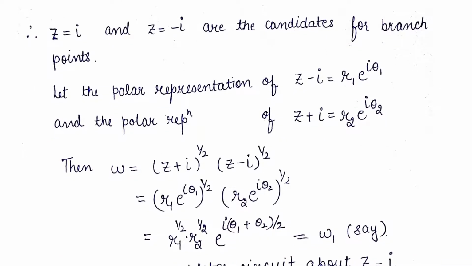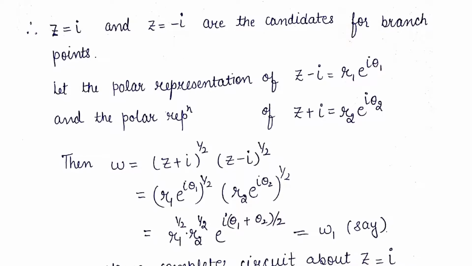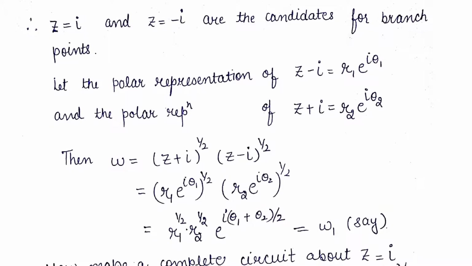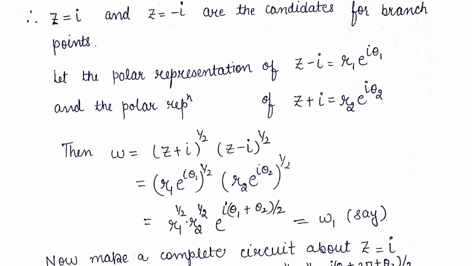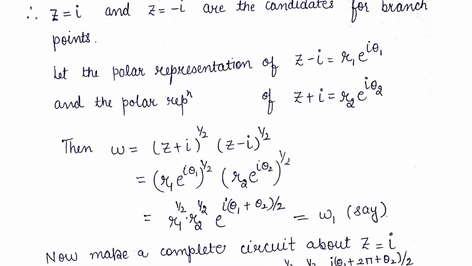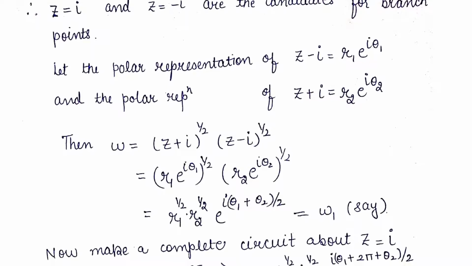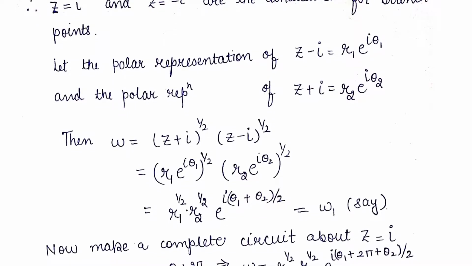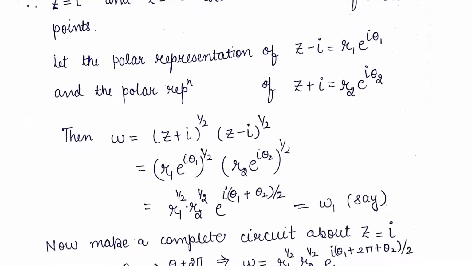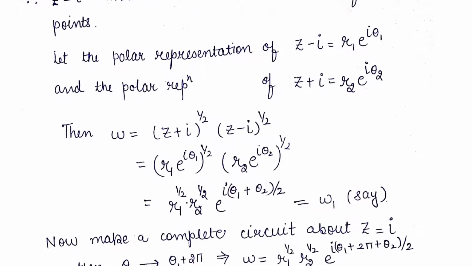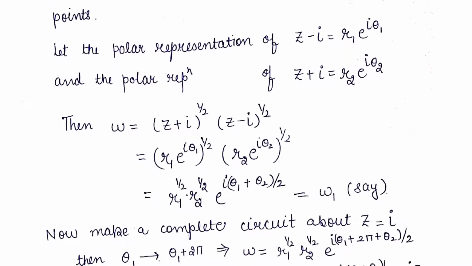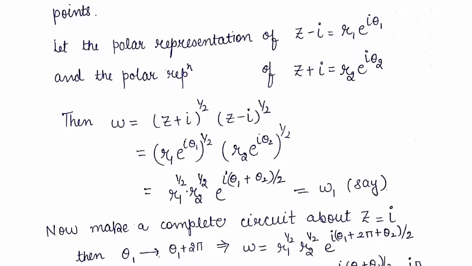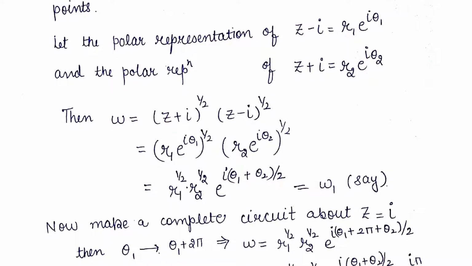So we have two candidates, namely z is equal to iota and z is equal to minus iota, for the branch points. Now let the polar representation of the point z minus iota be r1 e raised to iota theta 1, and the polar representation of the point z plus iota be r2 e raised to iota theta 2.